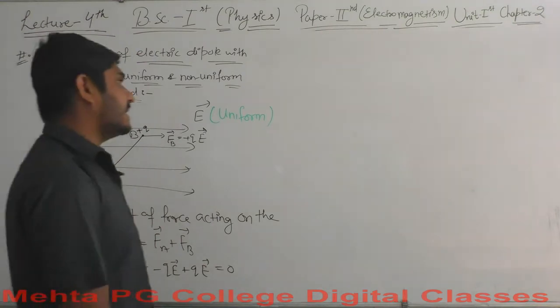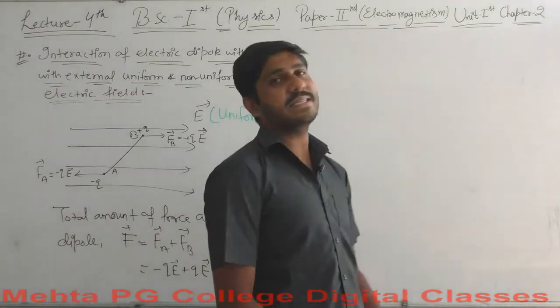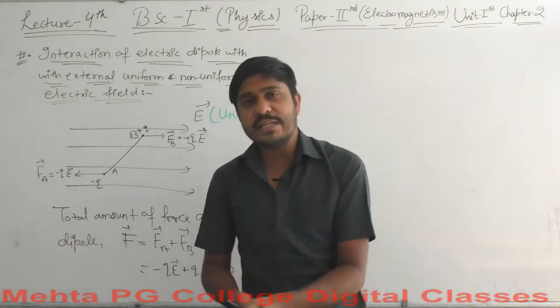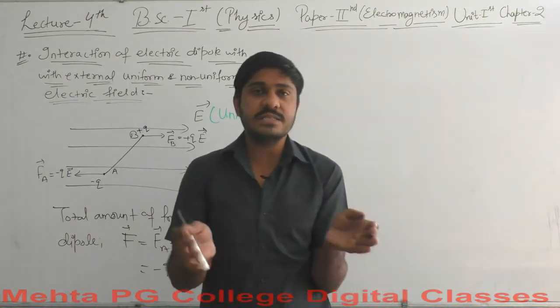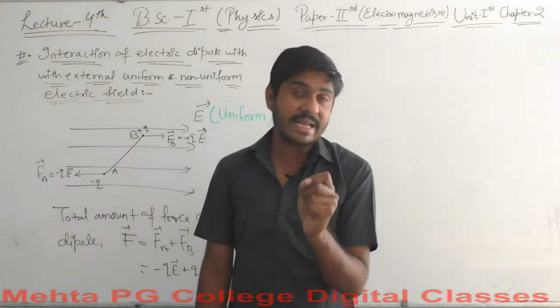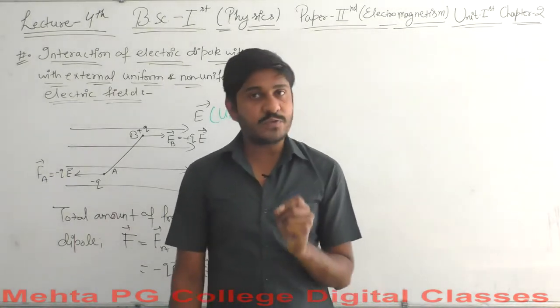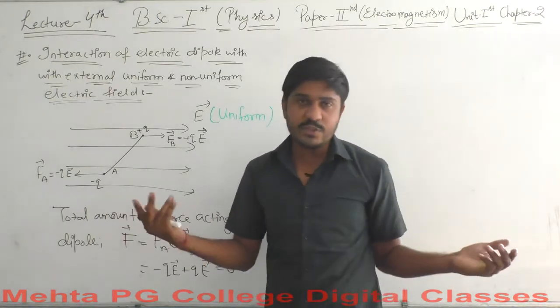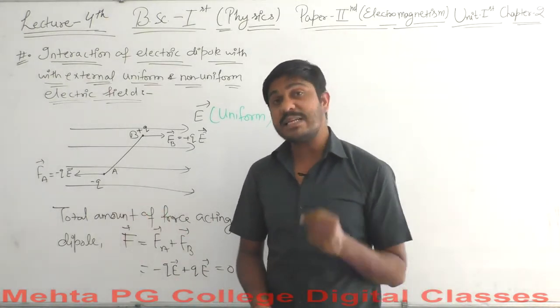So it means that there is no Coulomb force for this configuration. But whenever any charge is inside a field, there must exist some sort of force. It cannot be 0. Yes, the Coulomb force can be 0, but there must exist some sort of force.